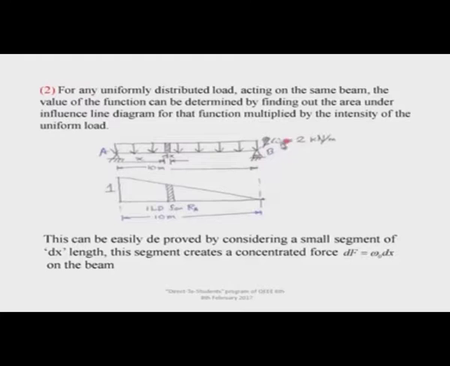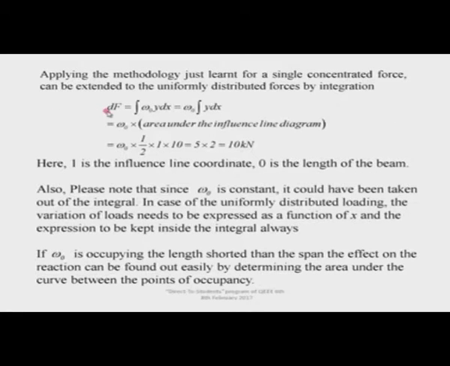So, I am not really restricted to uniformly varying load. I can find the effect from other loadings as well, since it is a differential element. And you can find by integration that the effect is dF equals omega 0 into dx for this elemental loading, and for the total loading it is F equals the integral of omega 0 y dx.